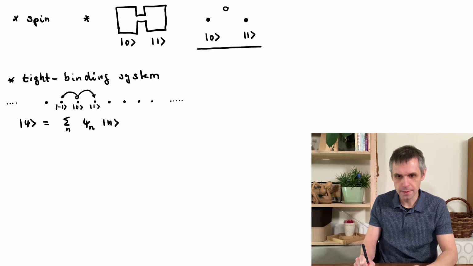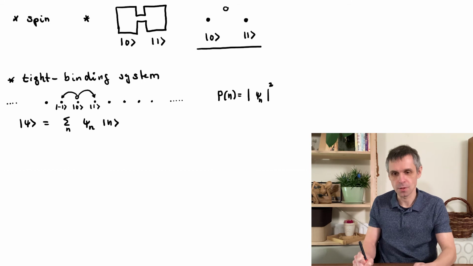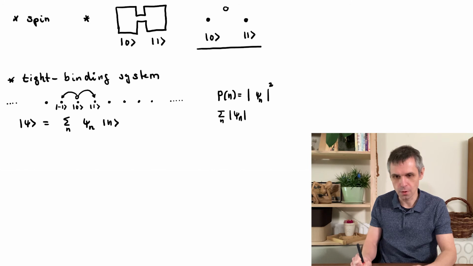And the probability to find the electron at the position n is given by the absolute value squared of the corresponding amplitude. There we are again assuming that our state is normalized. So this sum here, ranging over all possible positions of the electron, possibly from -infinity to +infinity, should be 1.